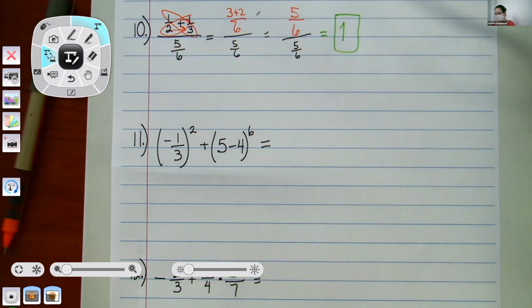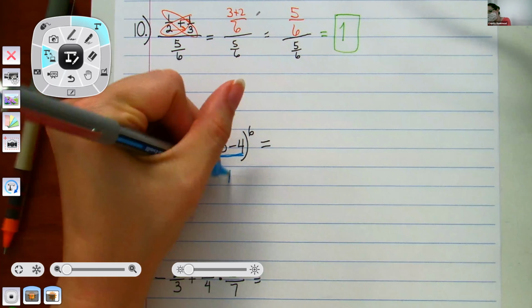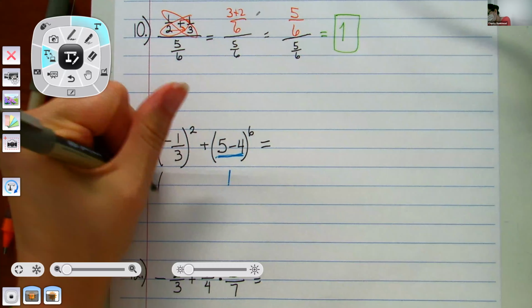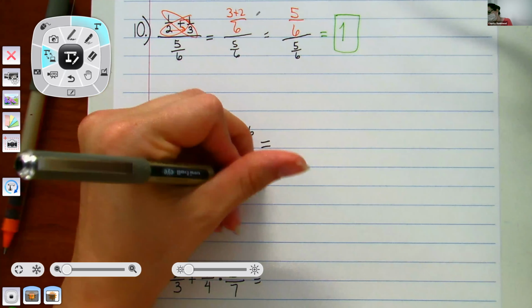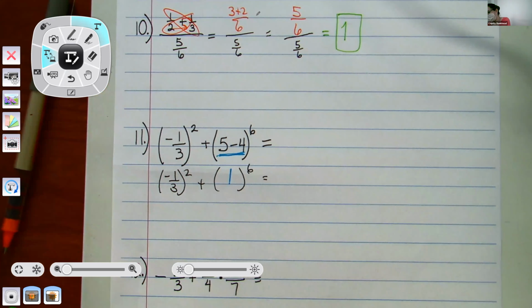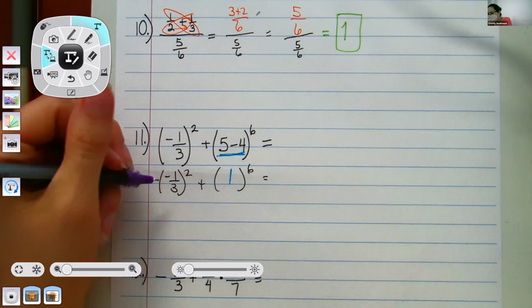So in this case, we do have something we need to do on the inside of the parentheses, which is the 5 minus 4. 5 minus 4 is 1. And I'm just going to bring the rest of this down. All right, and then I'm going to do the exponents. -1/3 squared.